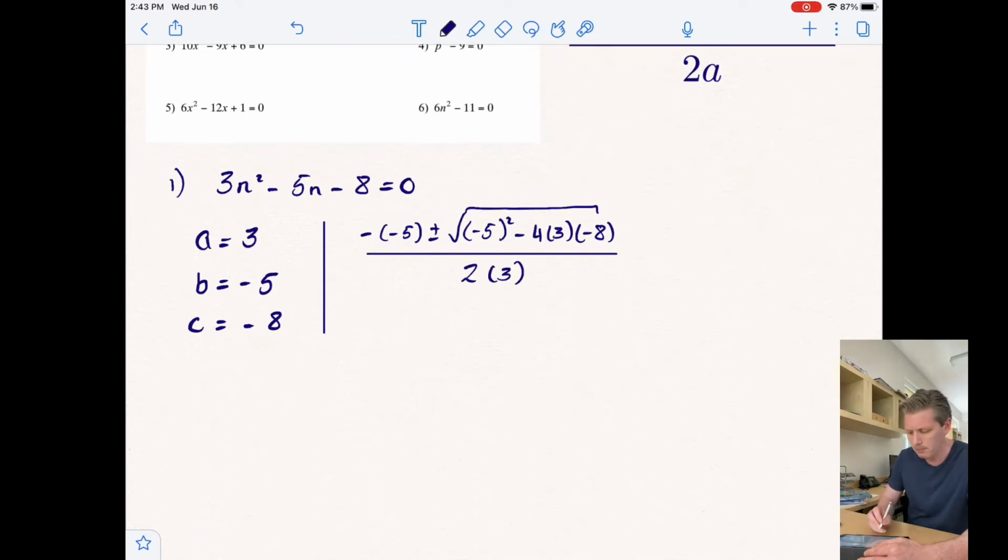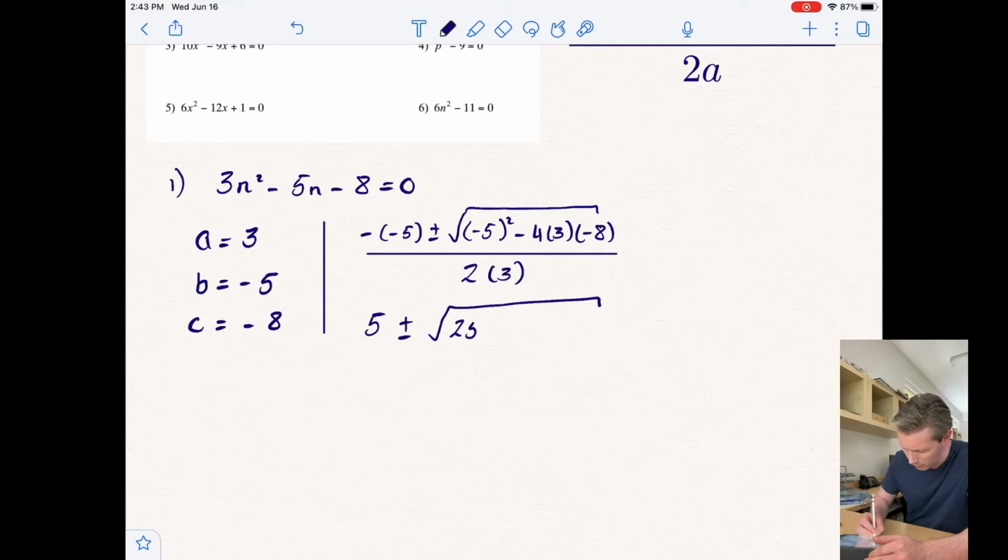Minus negative 5 gives me plus 5, plus or minus. We know a quadratic can have as many as 2 solutions, and the 2 solutions are going to come from that plus or minus at the end, as we will see.